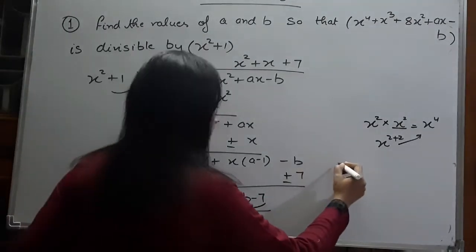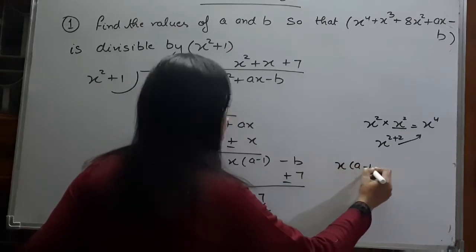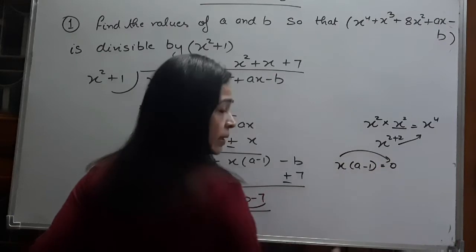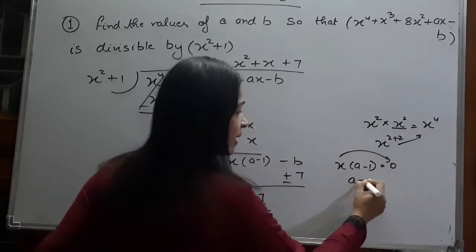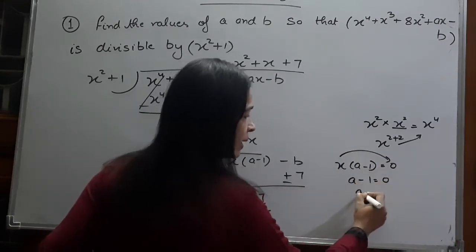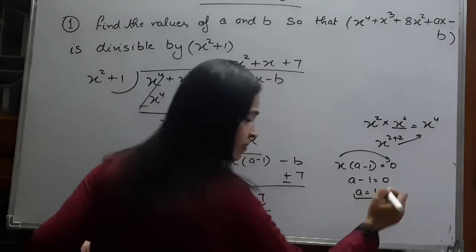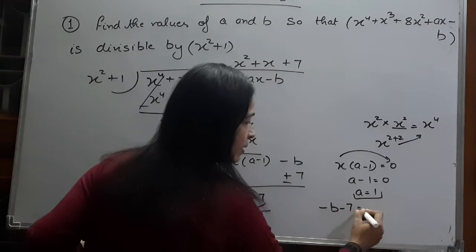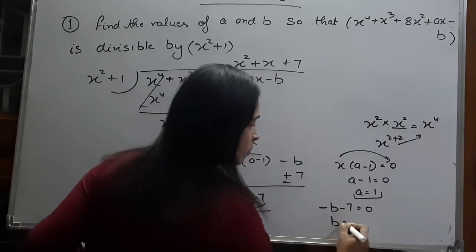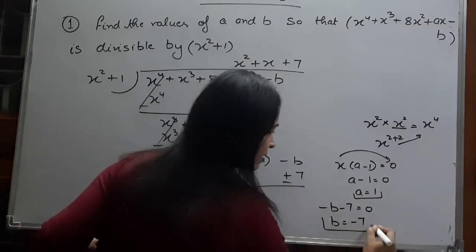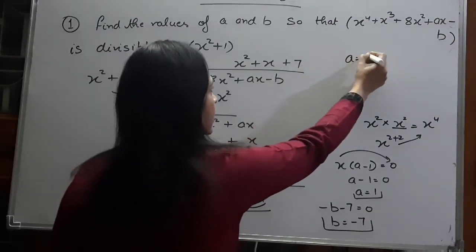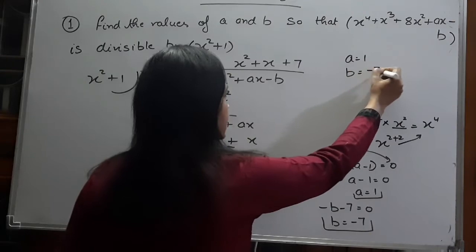If we take x into a minus 1 as 0, a minus 1 equals 0 and a equals 1. This is the value of a. Minus b minus 7 equals 0 and b equals minus 7. These are the values of a and b. A is equal to 1 and the value of b is minus 7.